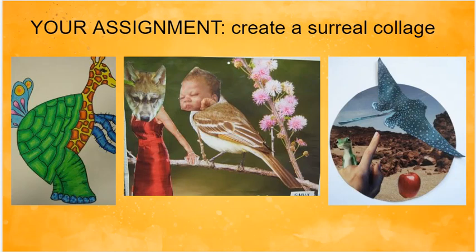So then your assignment is to create a surrealist collage. One type of artwork that surrealists really like to do, they like to play a lot of games, and they like to play games to increase their creativity. So they would purposely take things that didn't belong together and stick them in the same picture together.